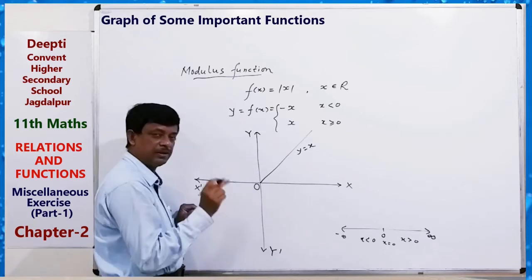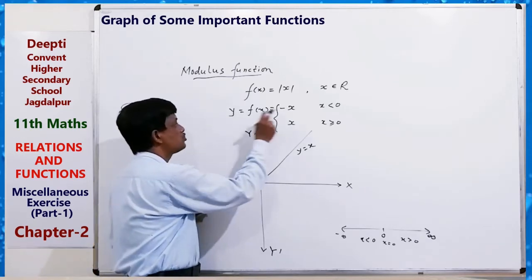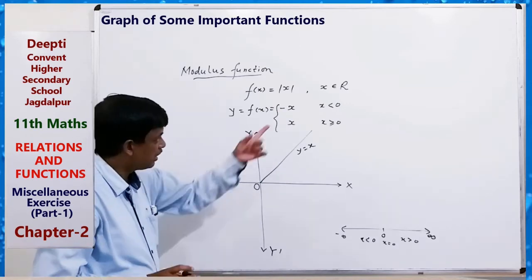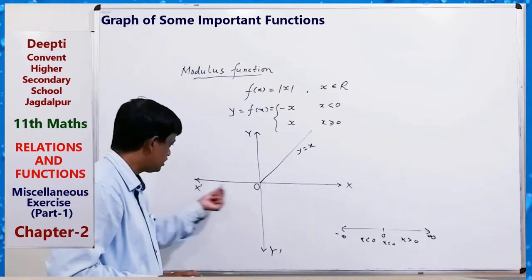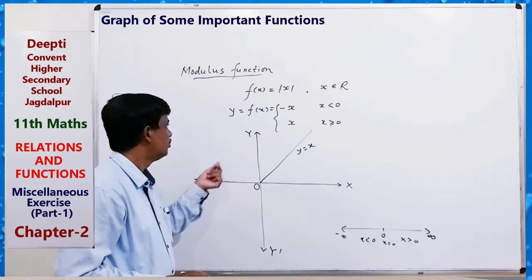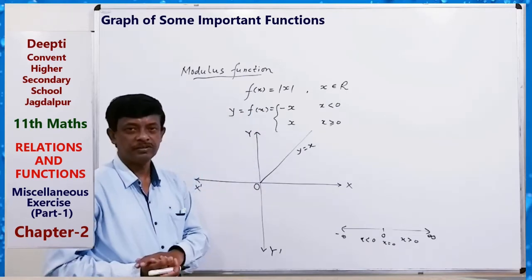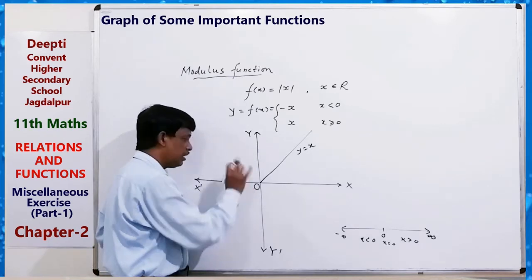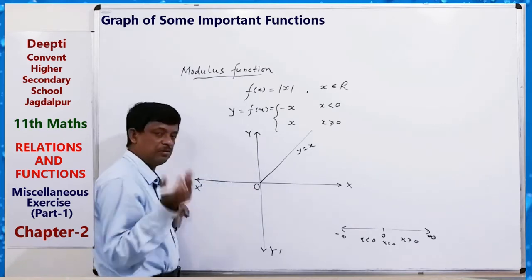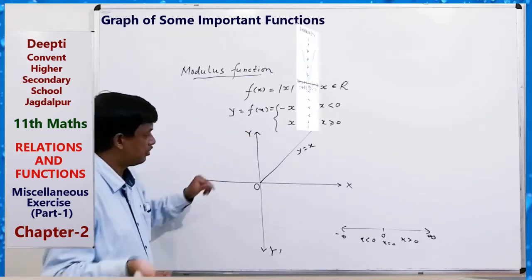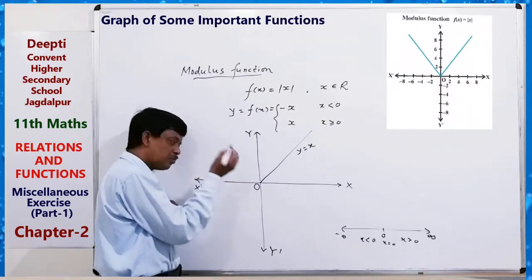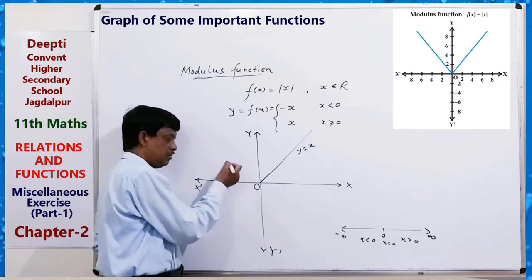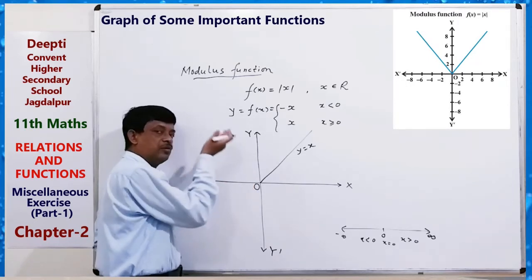And for negative values, y equals minus x. For negative values, means here. As we give a negative value, for minus 1, y is positive, because y is always positive. Here, for negative values, we will also get points like this: minus 1, 1; minus 2, 2; minus 3, 3, on the upper side, the value of y.